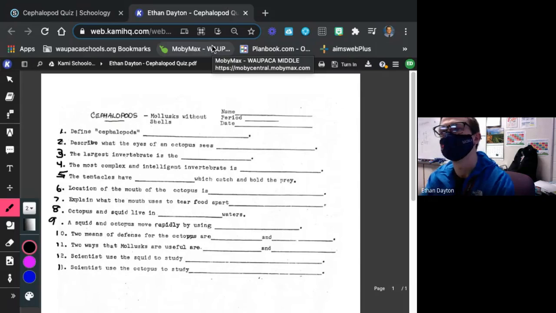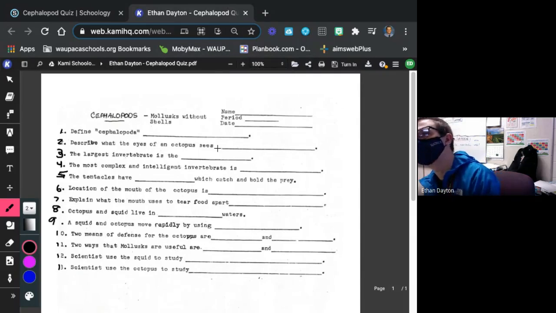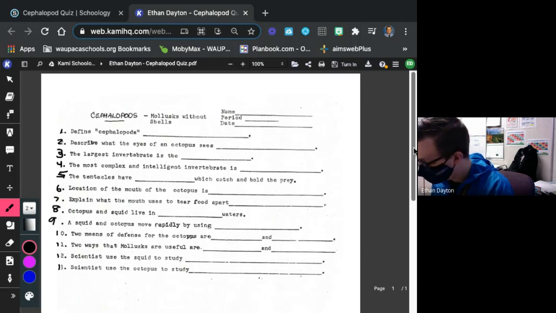Number 2, you need to describe what the eyes of an octopus see. What can they see?